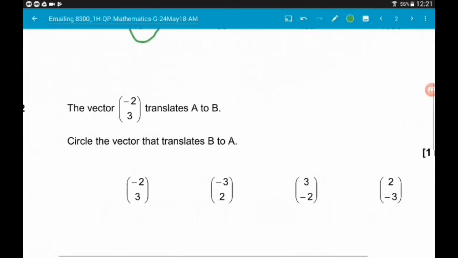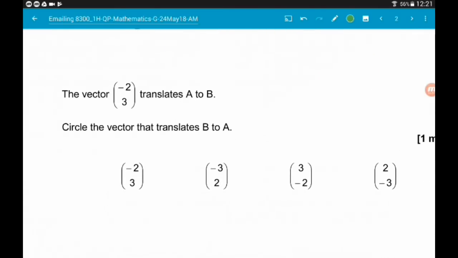Okay, question 2. The vector -2, 3 translates A to B. We want to circle the vector that translates B to A. So this vector -2, 3 is moving us 2 places left and 3 places up.